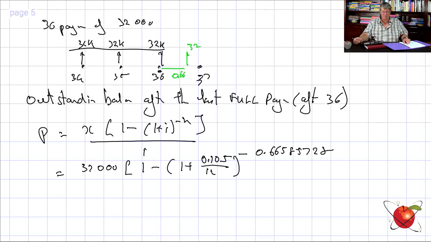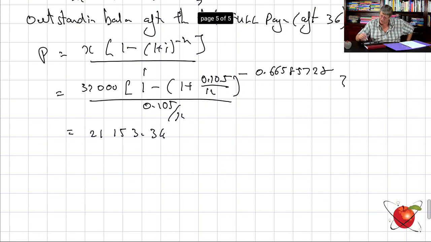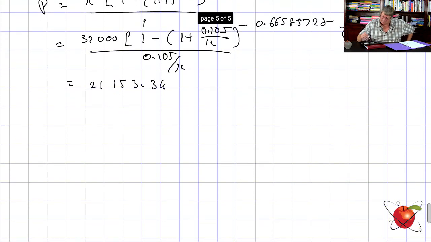it's the balance, isn't it? That's what we're bringing back. All divided by 0.105 over 12. Which gives us, we work it out, 21,153.34. So therefore, that is the outstanding balance. I'm now going to draw it in a bigger scale.